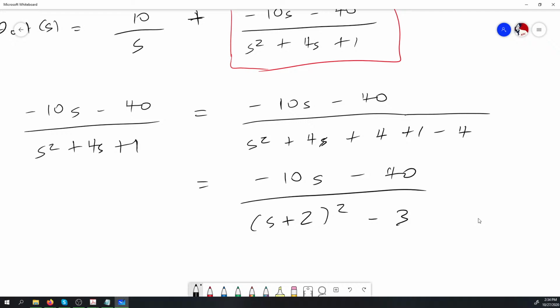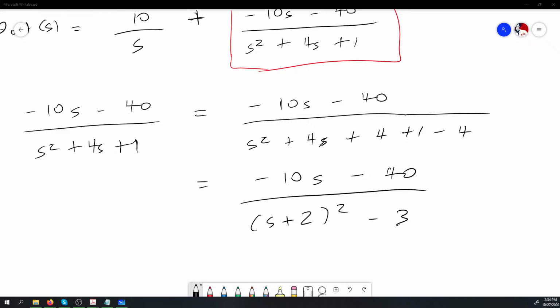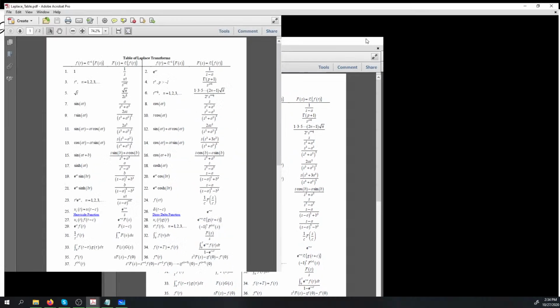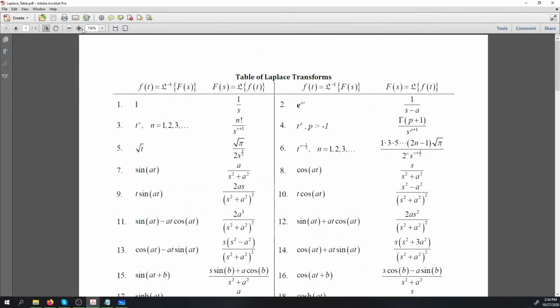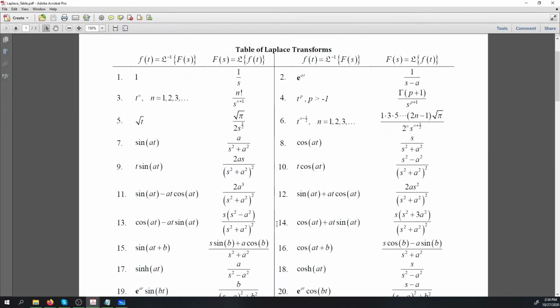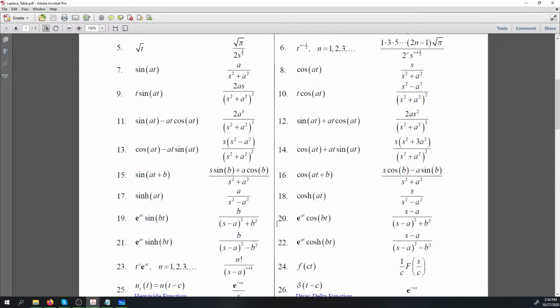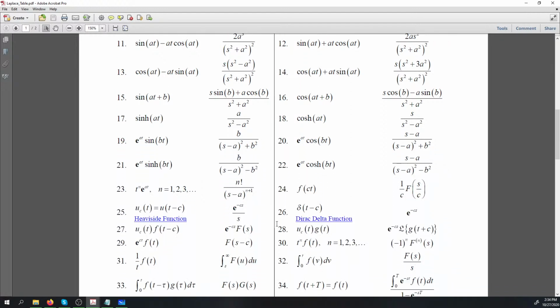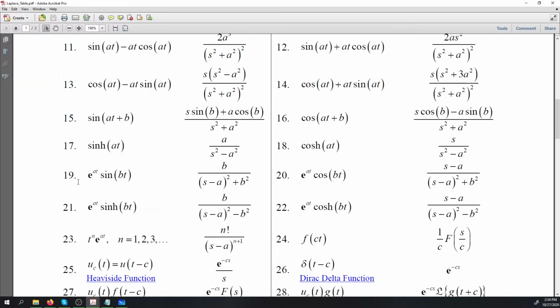And in doing so, let's bring up the Laplace transform table quickly so that I can show you guys the associated transforms. We see here that the associated transform for this is going to be the e^(at) transform sine of bt and the e^(at) transform cosine of bt here.